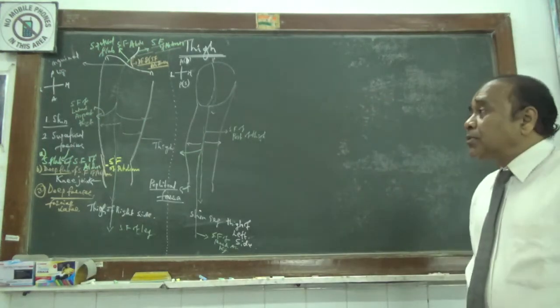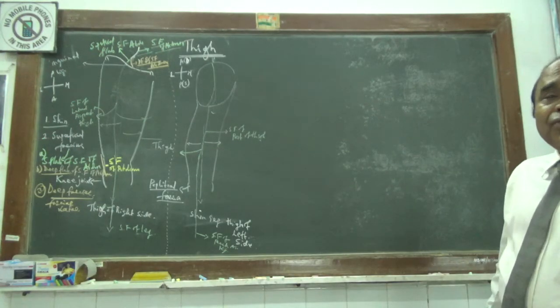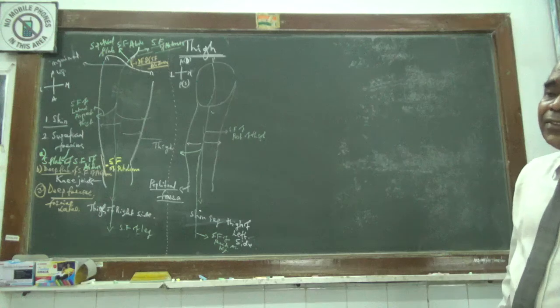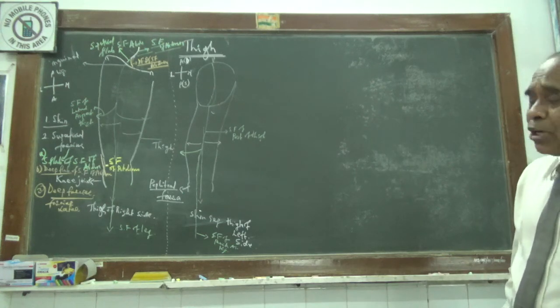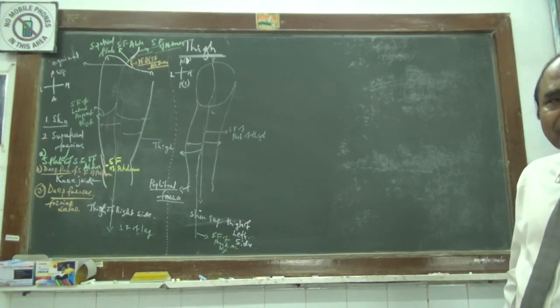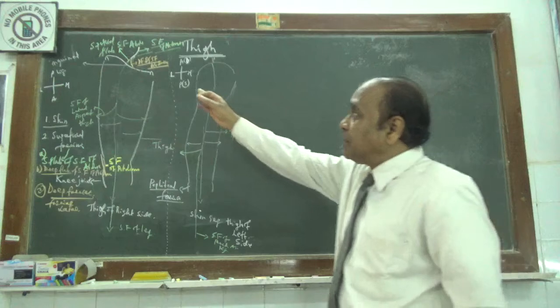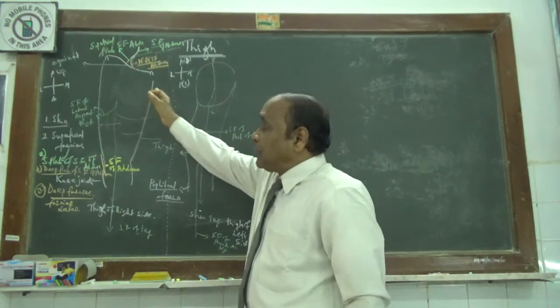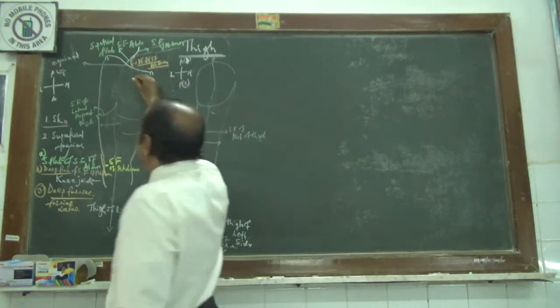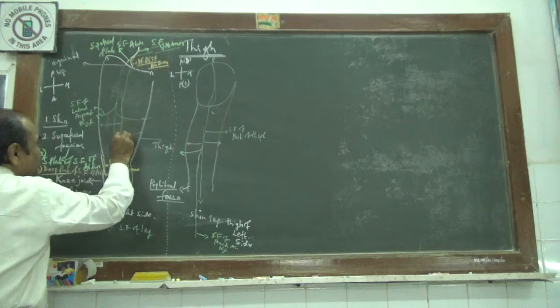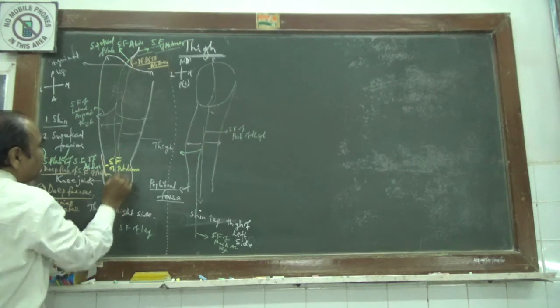Now this deep flap of the superficial fascia of the abdomen, as it runs downwards and laterally, after crossing the inguinal ligament, becomes the deep fascia of the thigh.